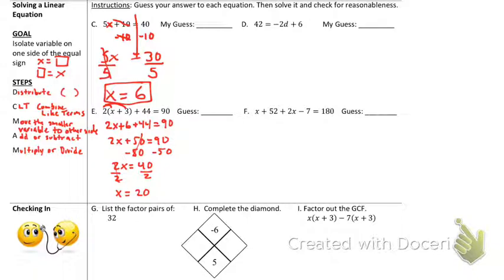Hopefully this quick review helps. Go ahead and pause the video, and I want you to complete the rest of the notes. So you're going to do problems D, F, and then G, H, and I down here should be review. Okay, so I want you to try G, H, and I.